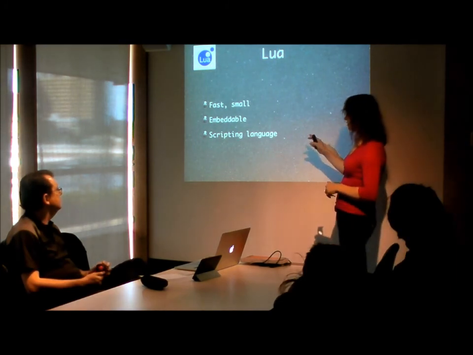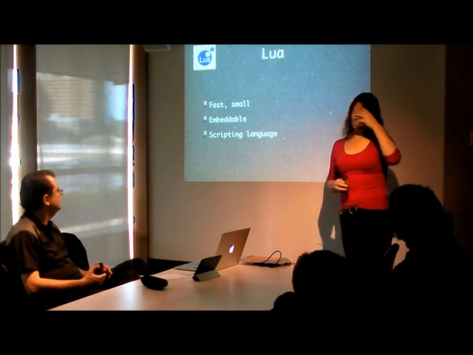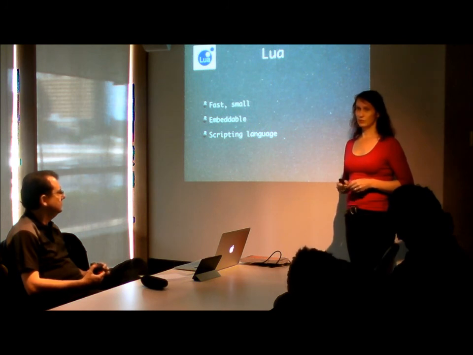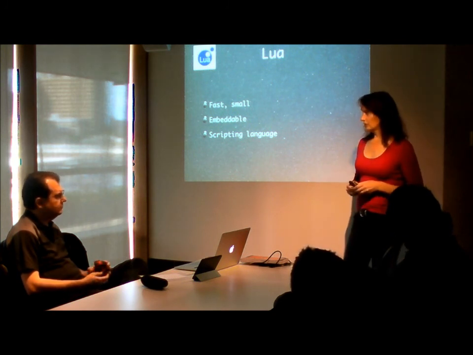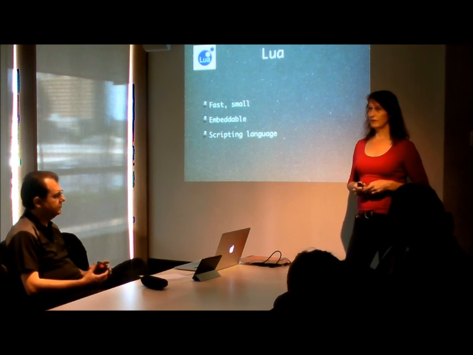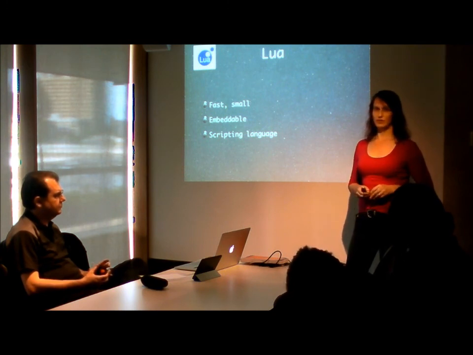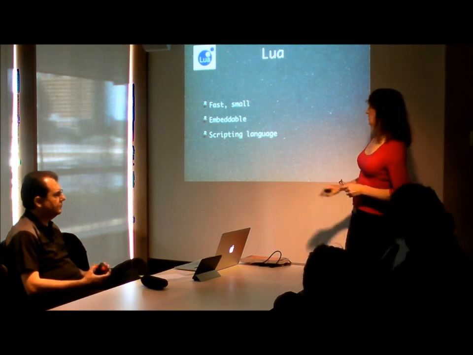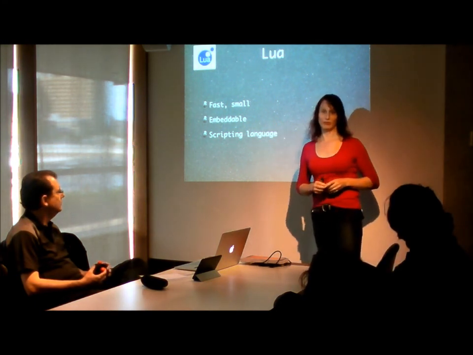So the reasons to use Lua is it's fast and small. At Nokia and Trolltech, when I was working with Qt, we actually integrated the V8 JavaScript engine, which is the Google one used in Chrome. And it is really fast, but it is not small. And it's really a huge pain to actually embed it inside your program as well.